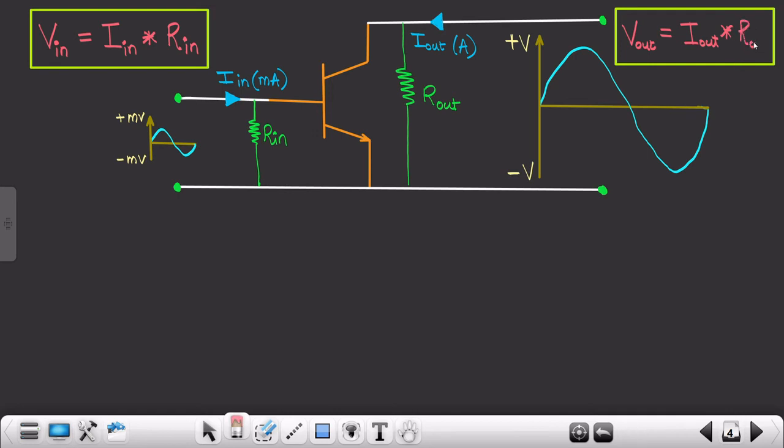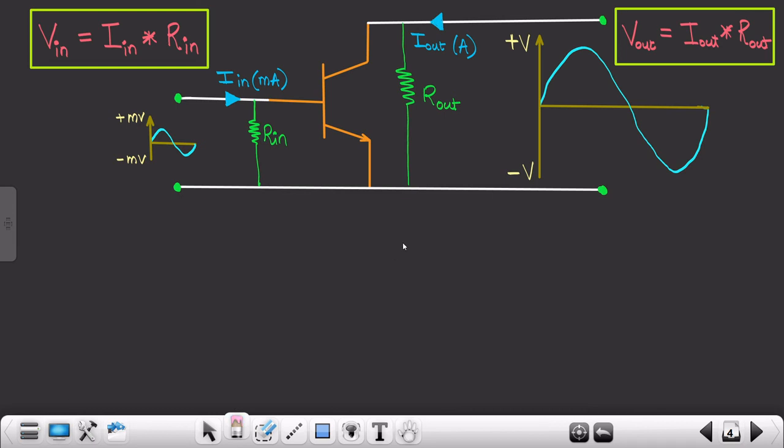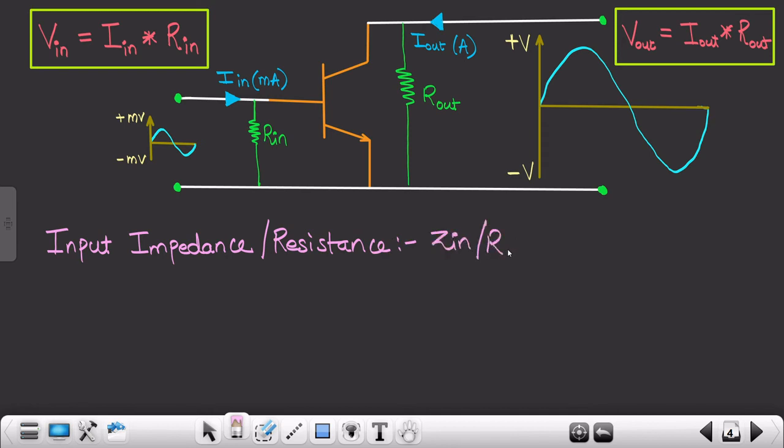Your input impedance is also known as input resistance, and generally it is denoted by Z in or R in. In most books you will find it denoted by R in, but in a few books they refer to Z in for the input resistance.